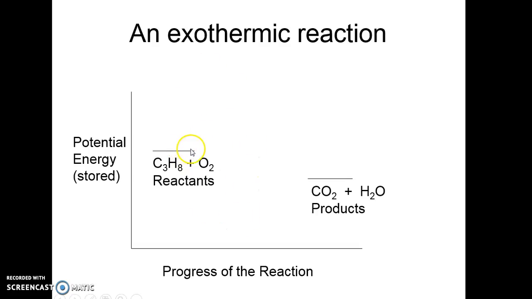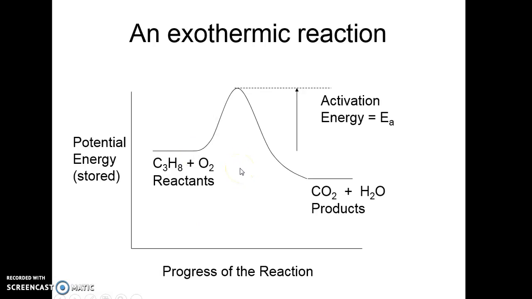That's because every reaction has something called an activation energy. The activation energy is the energy to break bonds before new bonds form. And so this energy, from here to here, is called the activation energy.